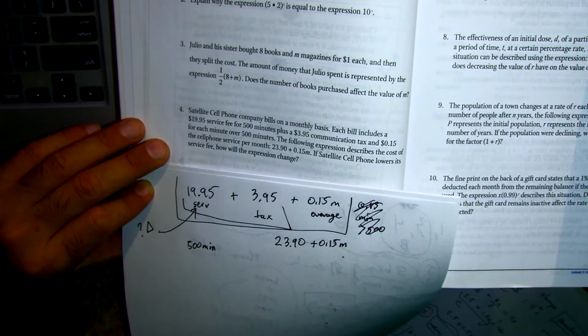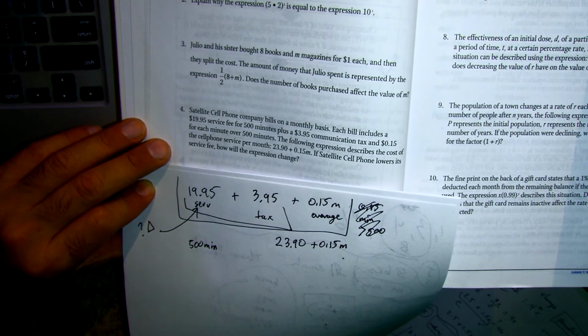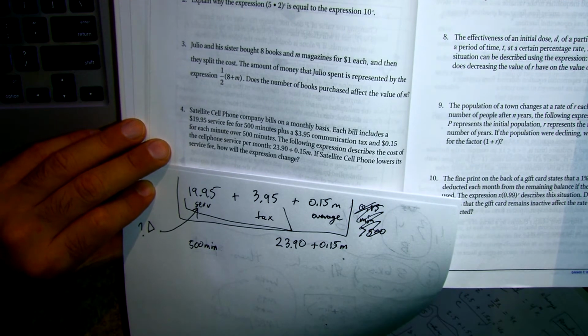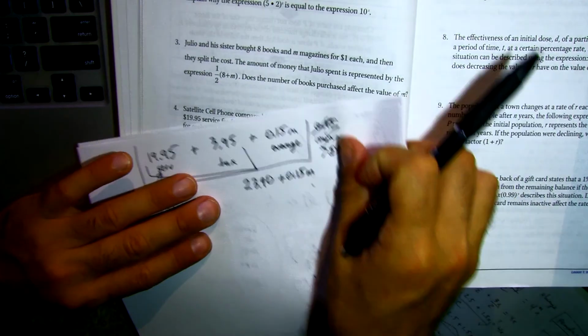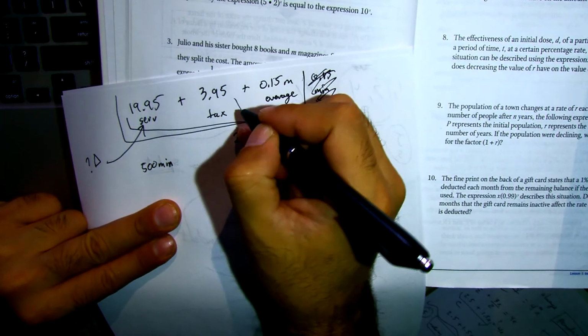So what I would say is, in this expression, the 23.90 amount will decrease as the service fee decreases. Okay? It's just explaining what we have come to understand here.